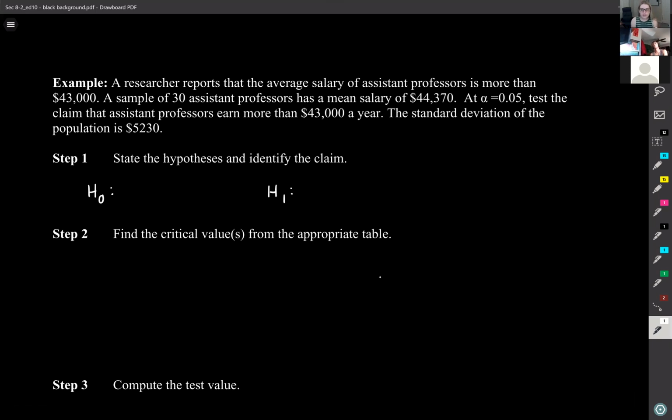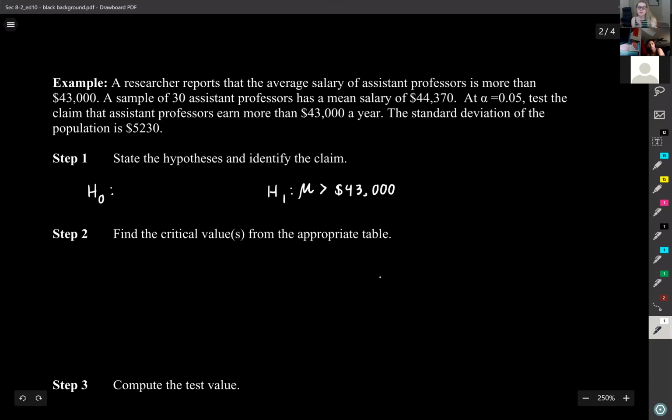Let's read the question again and see what our researcher is claiming. Our researcher is claiming that assistant professors earn more than $43,000 a year. So they think it will be greater than 43,000, which means our alternative is going to be mu is greater than 43,000.